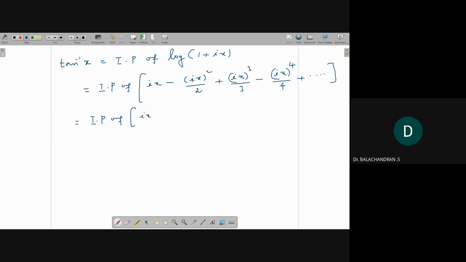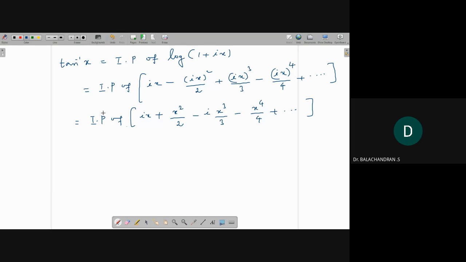I square is minus 1, so minus of minus gives plus x square by 2. I cube is minus i, x cube by 3, minus, and i power 4 is 1, so x power 4 by 4 and so on.